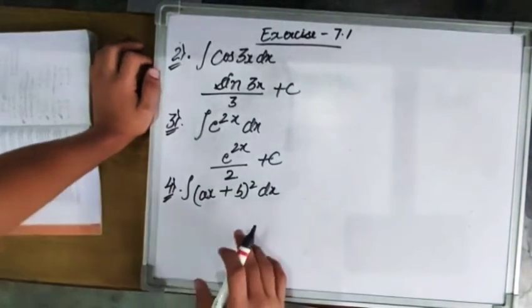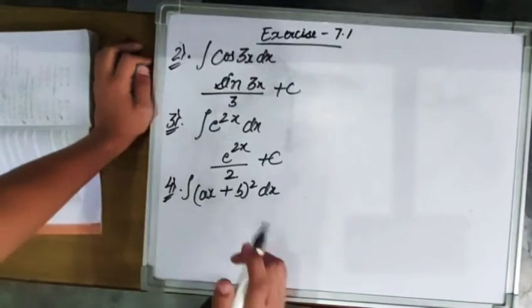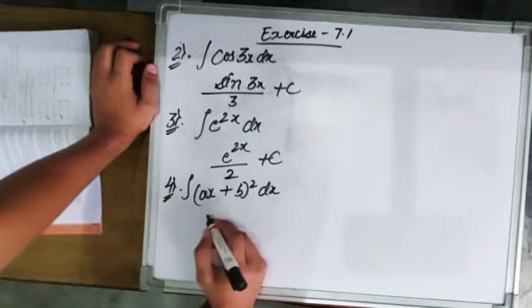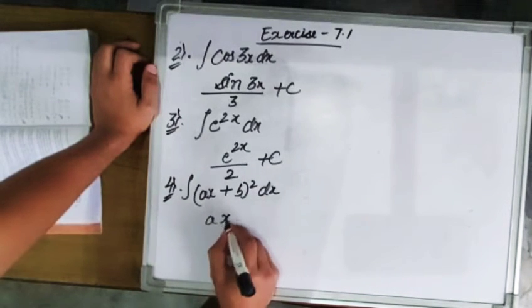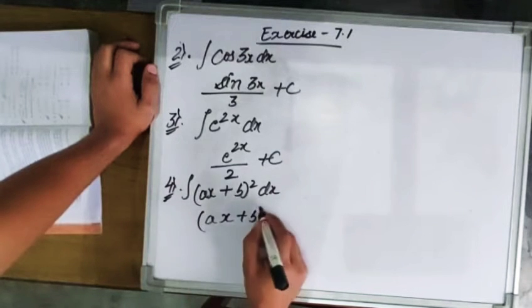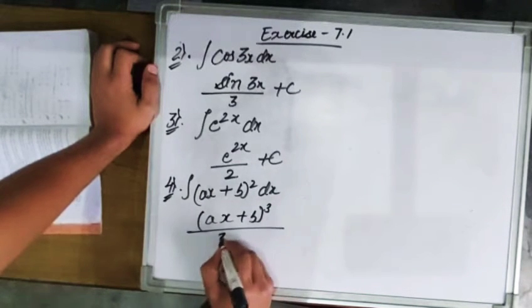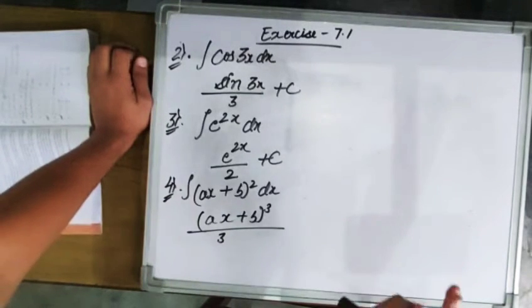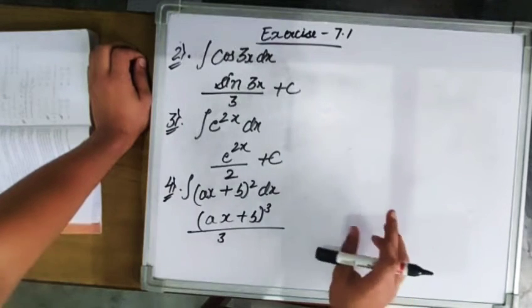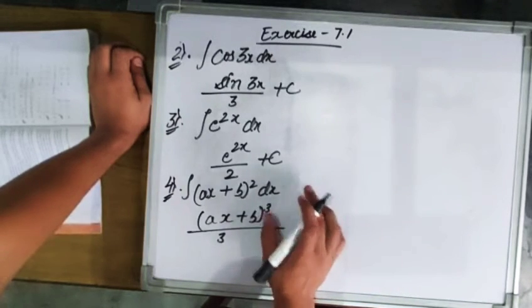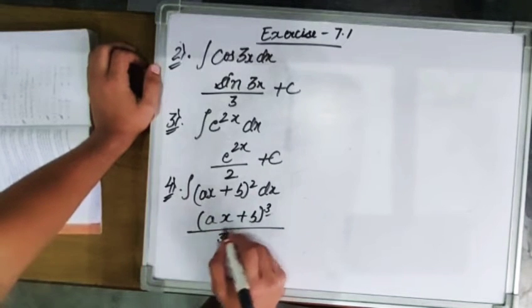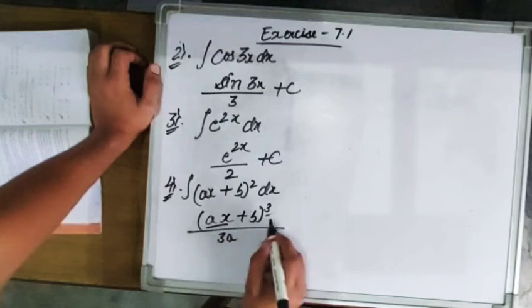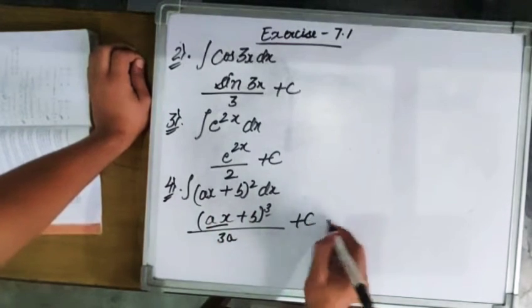First of all, using the chain rule, we are going to find the integral of this. (ax plus b) raised to power 3 upon 3, because in integration we always increase the power by 1 and divide the term by the new power. And here, using the chain rule, we divide by the derivative of ax plus b, which is a. So this is the answer plus c, which is the constant term.